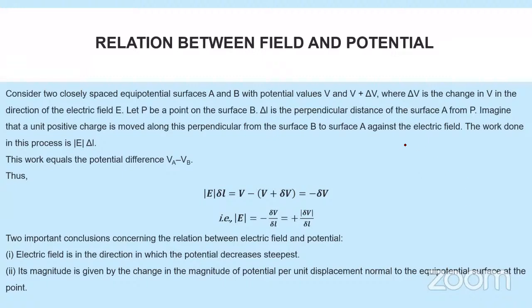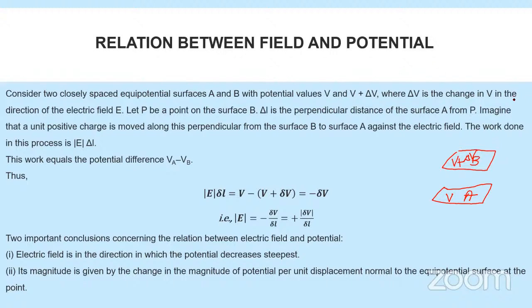If you consider two closely spaced equipotential surfaces A and B, suppose this is one surface, B, and this is the other, A. The potential values will be, suppose this is V and this is V plus del V. Del V is the potential difference between the values of potential at the A and B equipotential surfaces.